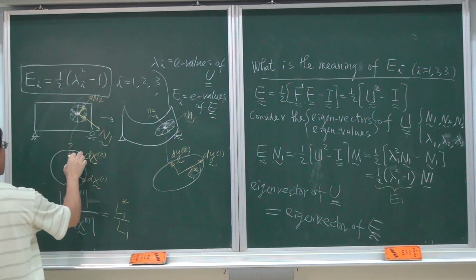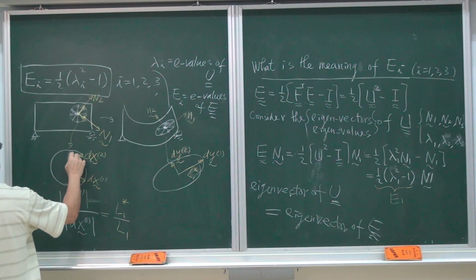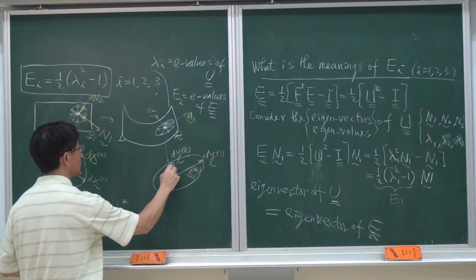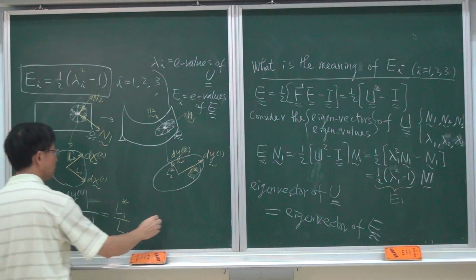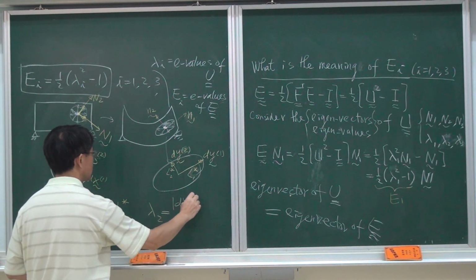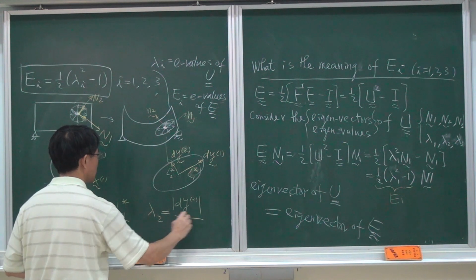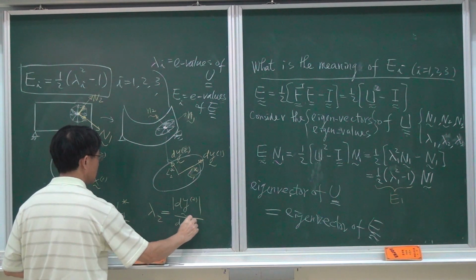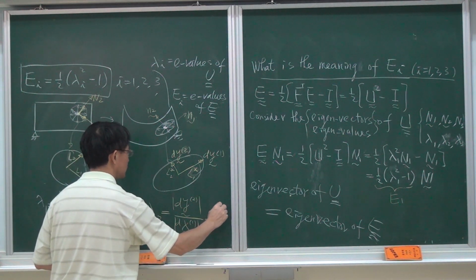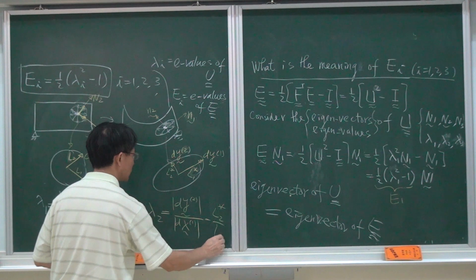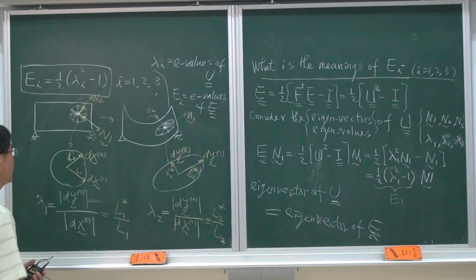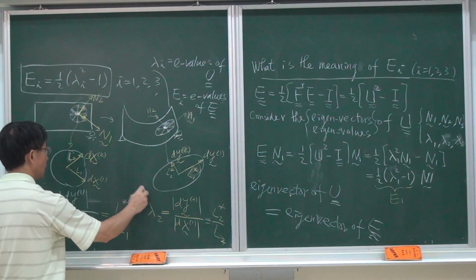If the length of this material line is L2, and the length of this one is L2 star, then we have similar things. Okay. This is called the principal stretches, as we have mentioned before.